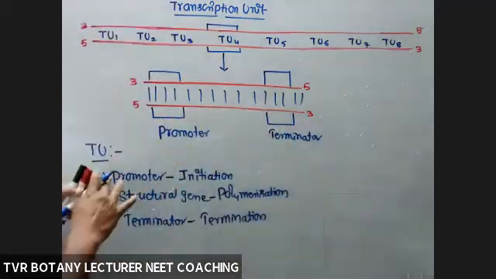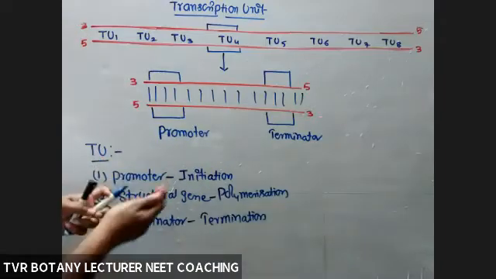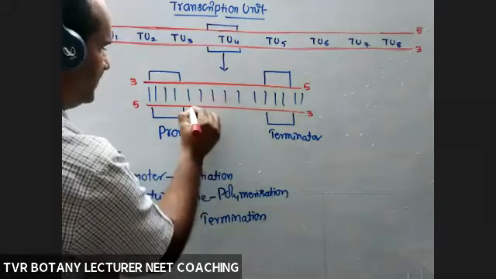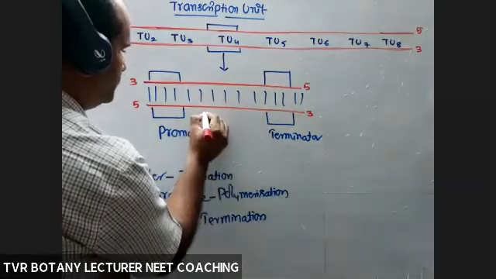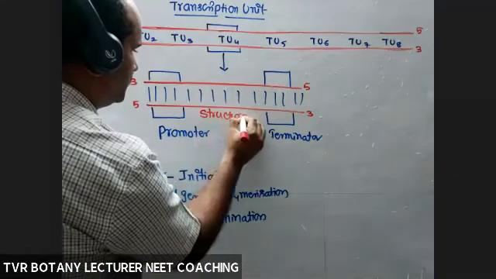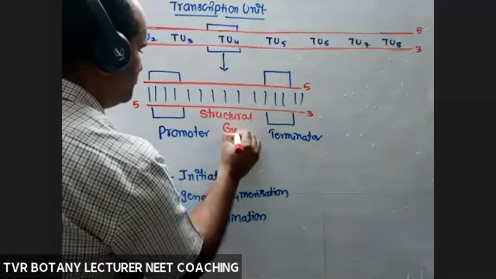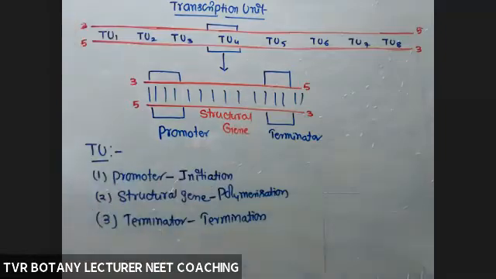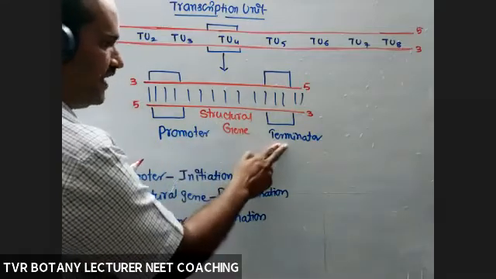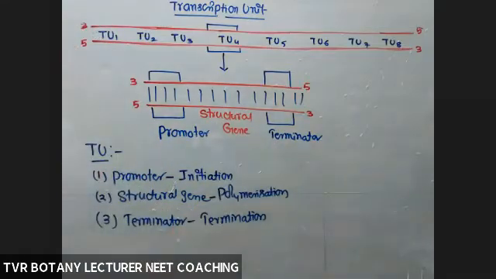And in between these two, this part from here to here is the structural gene. So any part of DNA with a promoter, structural gene, and terminator is able to synthesize a protein.